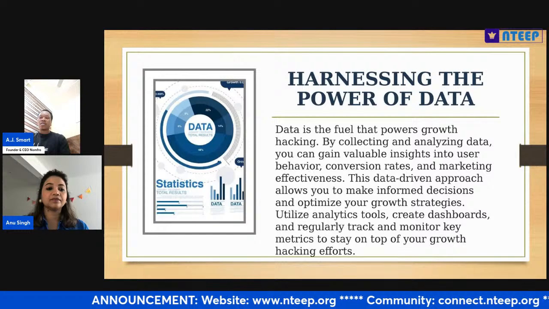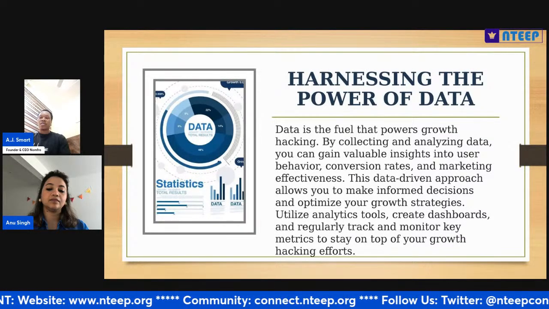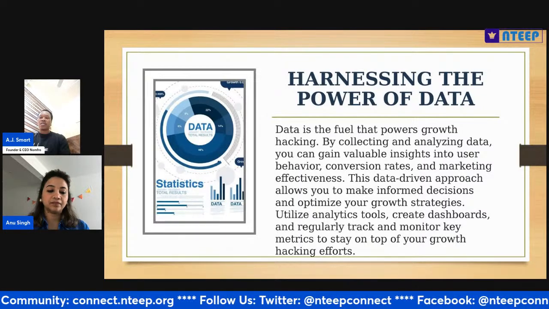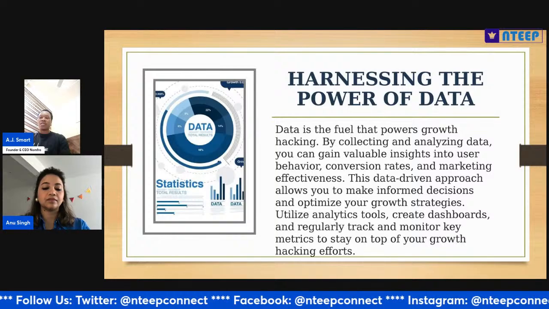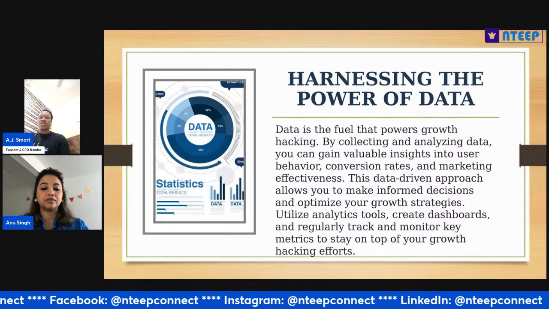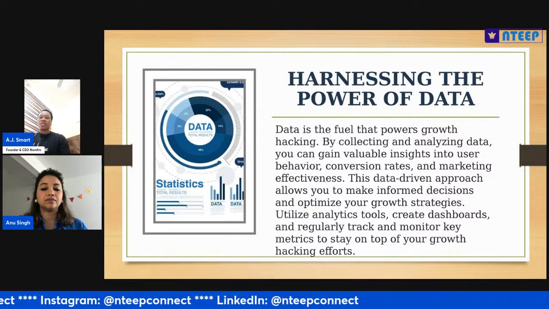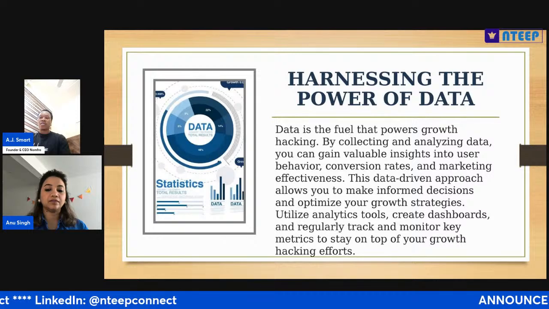A data-driven approach allows you to make informed decisions. That is completely what the hack is all about. It's that simple. Gather enough data, analyze the data, and understand your customers, because the idea is to understand how they behave with your product, or understand trends as well, and know how to approach the market.